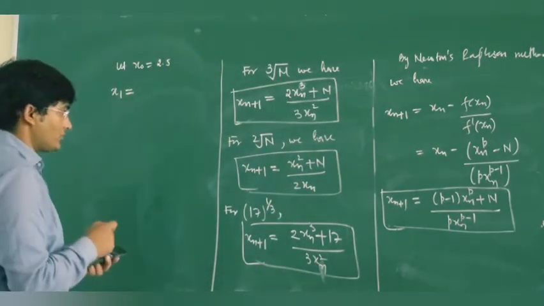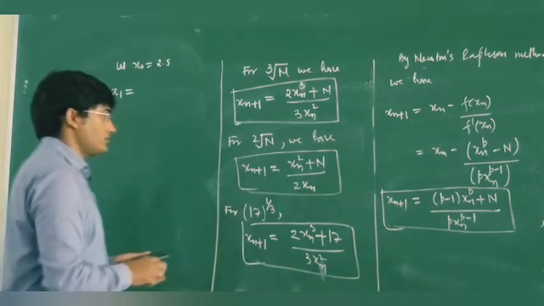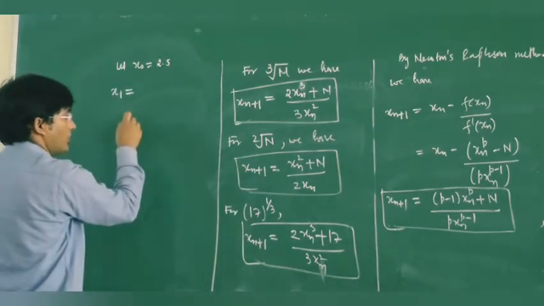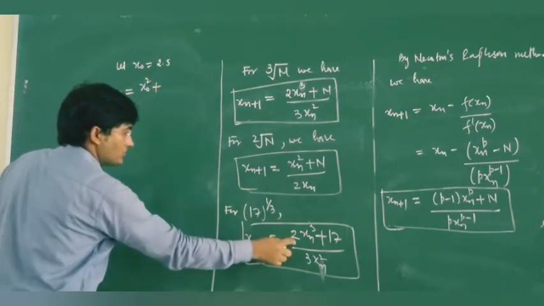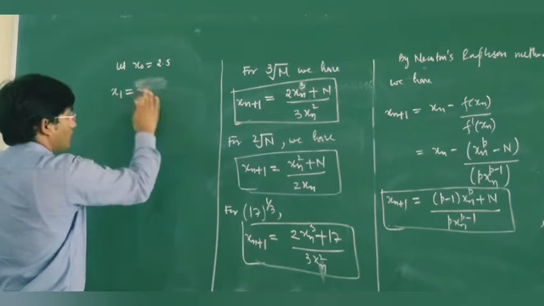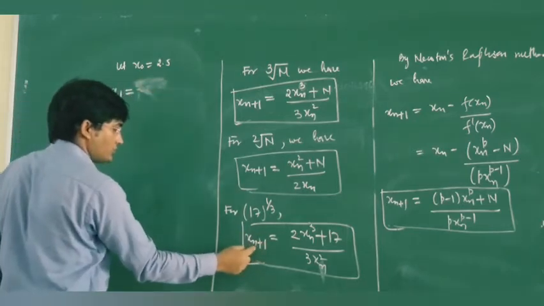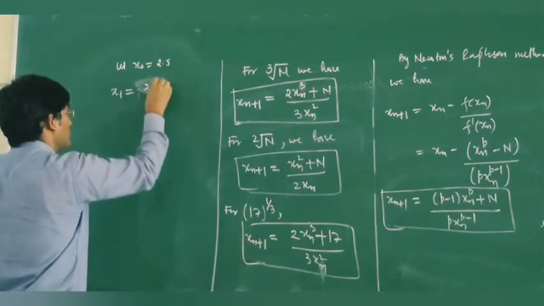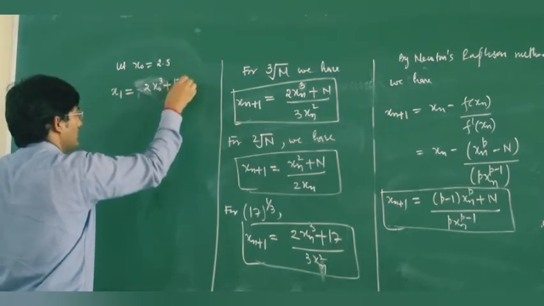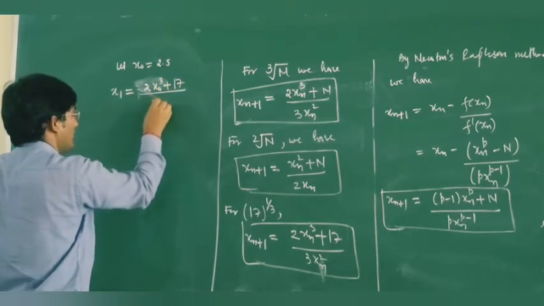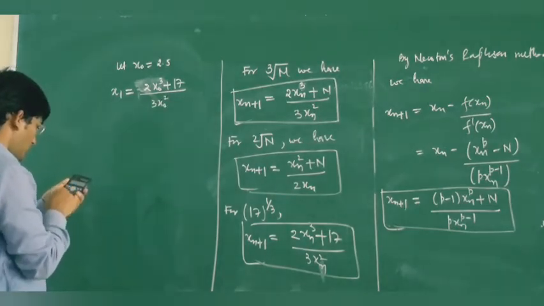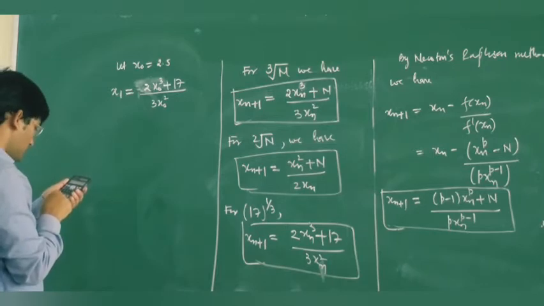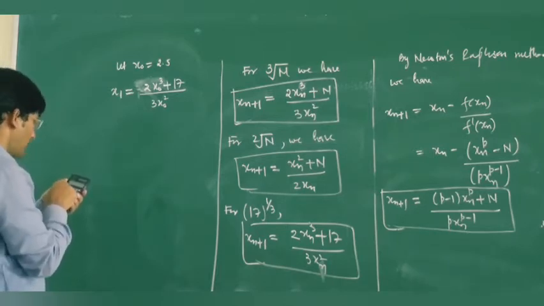Now for your x1, we will have x naught as 2.5. So this is the iteration formula, so just put n equal to 0. So this will be 2 x naught cube plus 17 divided by 3 x naught square.